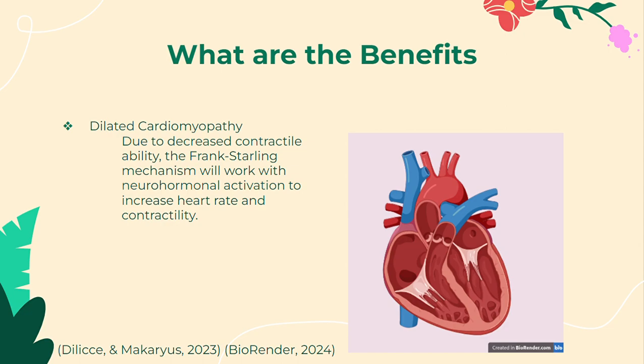Now, in this case, what's really cool is that the Frank-Starling mechanism works alongside neurohormonal hormones that are going to be activated by the person's sympathetic nervous system. Okay, and those two things, the sympathetic nervous system, those neurohormonal transmitters, and the Frank-Starling mechanism are all going to work together to increase heart rate. And by increasing the heart rate, it will increase the contractility of that heart.